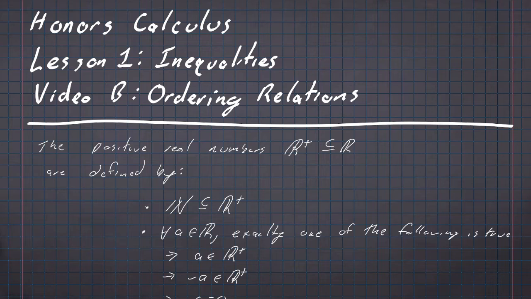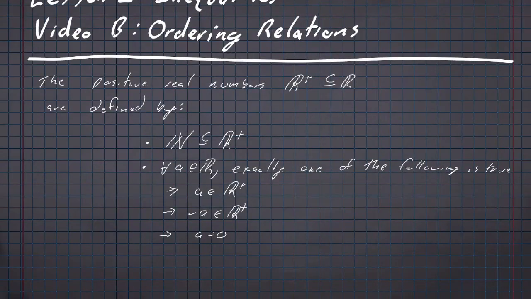If you take any real number, A, then exactly one of these properties must be true, and the other two are going to be false. Either that number is a positive real number, which means that its opposite is not a positive real number, and it is not zero.